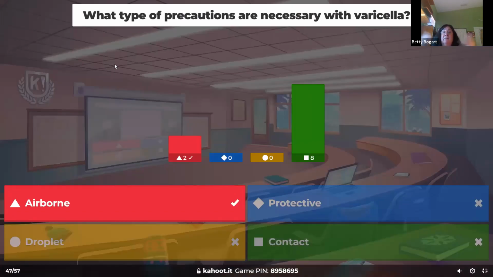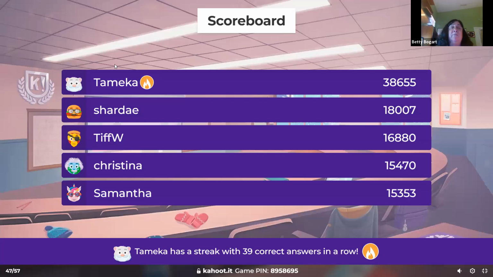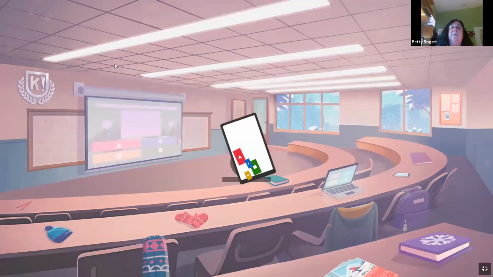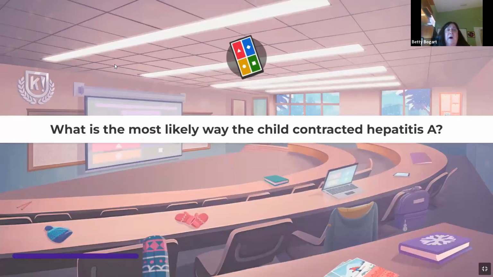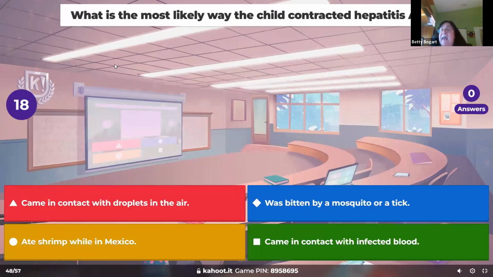Did you know that? Chickenpox is in the air. It's not contact, it's airborne. These kids need to be in reverse airflow rooms if they're being admitted. What is the most likely way the child contracted hepatitis A? Now, there are all types of hepatitis, but hepatitis A, how do we contract that?